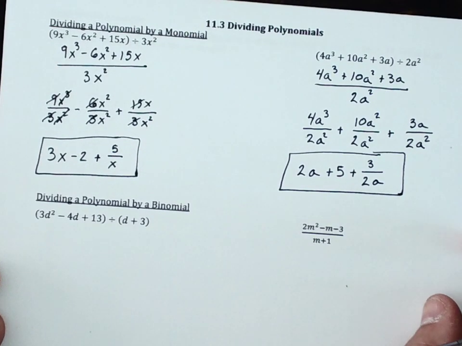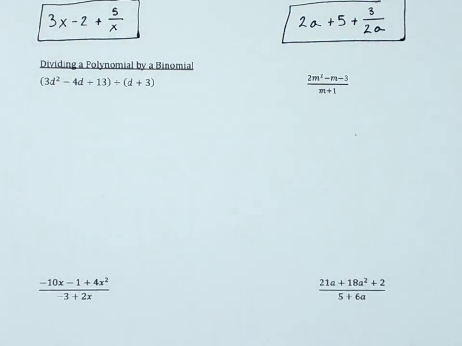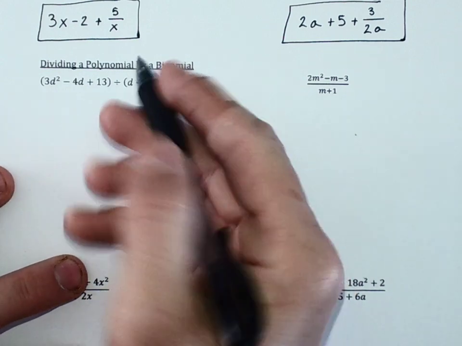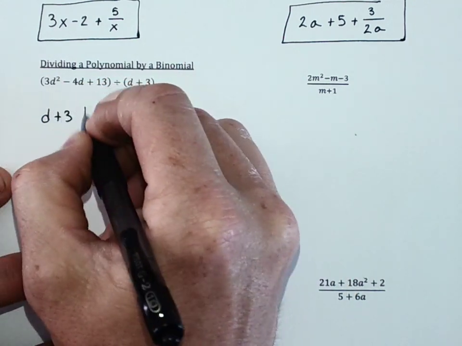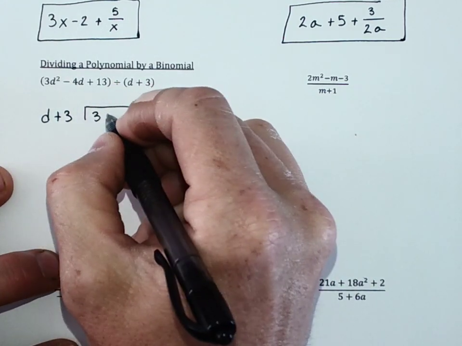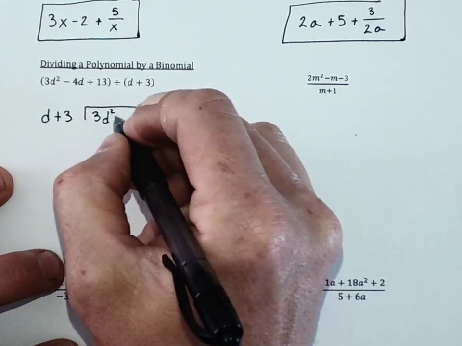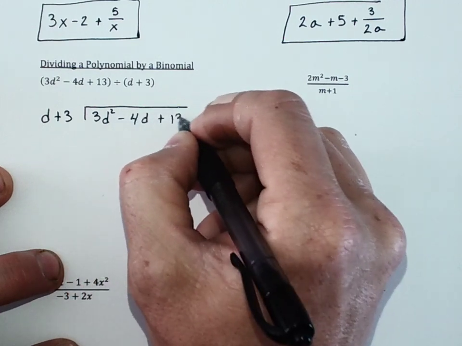So let's go back to the front. I'm going to take the d plus 3, and I'm going to divide the d plus 3 into 3d squared minus 4d plus 13.